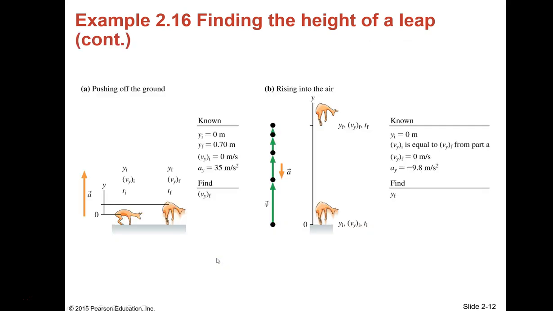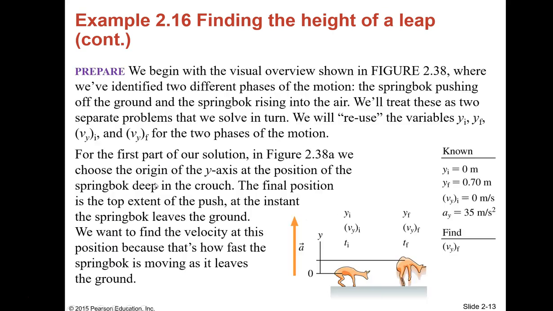We want to figure out its speed as it pushes off the ground, because we know that its initial velocity is 0. We know that its acceleration is 35 meters per second squared, and it goes up to a y final height of 0.7 meters. Then we want to figure out how high it gets up in the air. We need to figure out the initial launch speed, which is actually equal to the final speed over here. So it's a multi-step, multi-part problem.